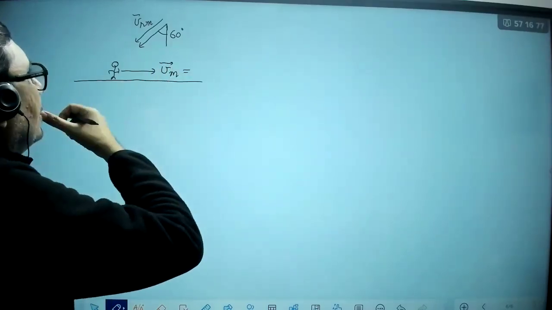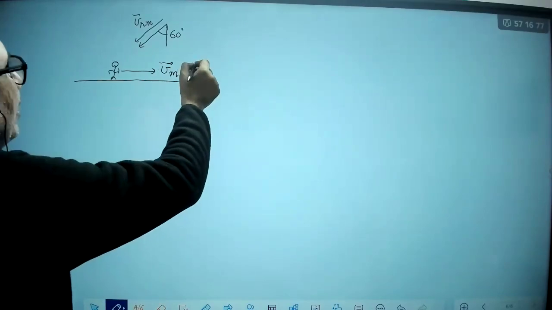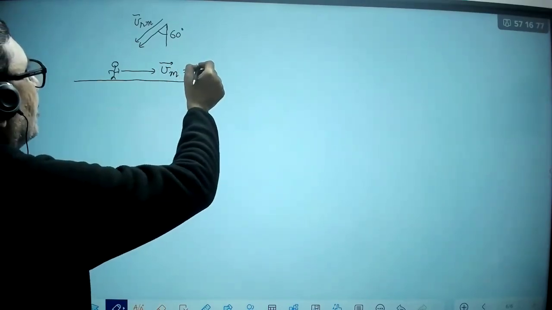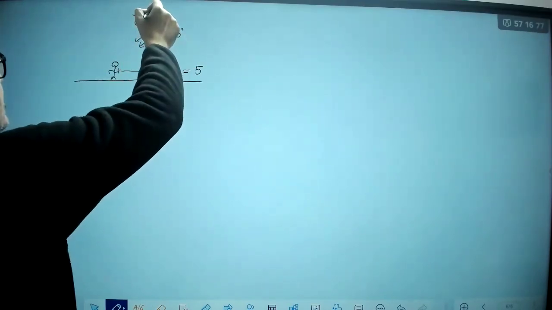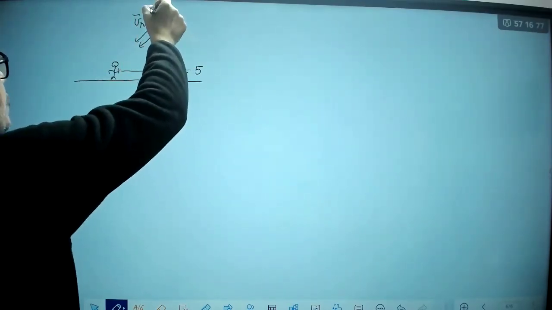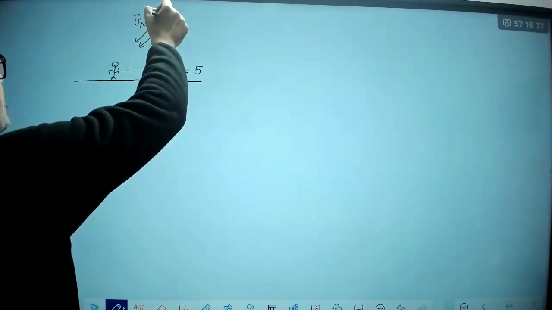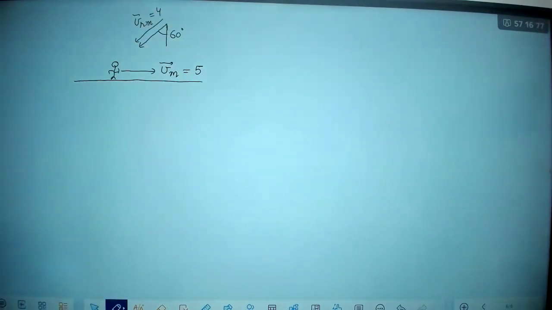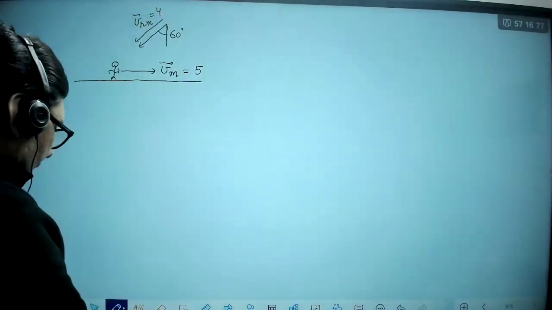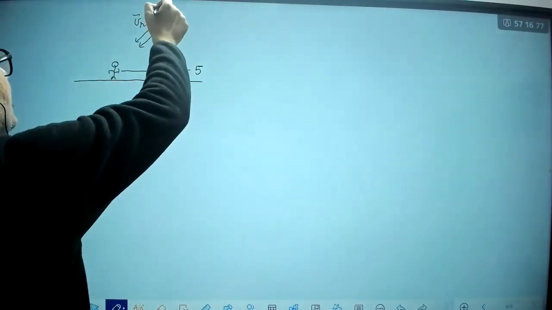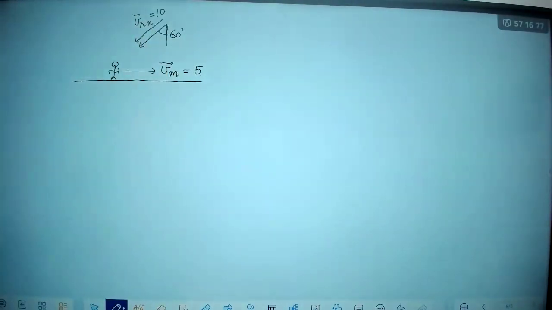Suppose this number is 5 again, or you take this number as 4 or something. ठीक है ना? Or you can do the reverse also, you can take it 10. I will change these numbers if required. This type of situation is there.